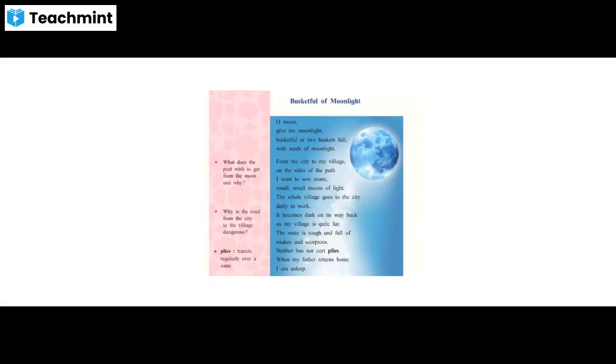So in this video I am going to cover the figures of speech used in the poem Basketful of Moonlight and appreciation of the poem Basketful of Moonlight. Appreciation is of 5 marks and figures of speech are very important in our comprehension and in our appreciation.